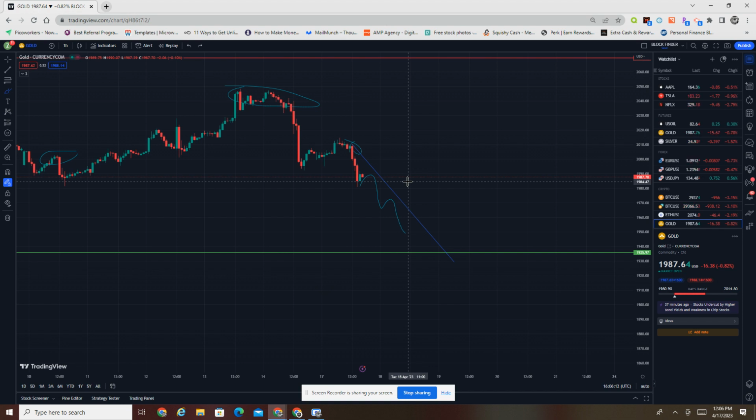So in this case, and this is what we talk about in our psychology classes, you have to have a strong mindset to say, look, I'm only going to be waiting for these confirmations and then taking my trades. I'm not just going to arbitrarily take trades here because I know that the market is going down. Yes, you're right, the market is going down, but what goes down must come up, and vice versa.